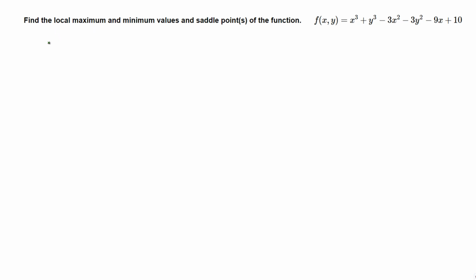We find the partial derivative of f with respect to x, which is 3x squared minus 6x minus 9, and the partial derivative with respect to y, which is 3y squared minus 6y. Okay, and we set these to 0 and solve for x and y.